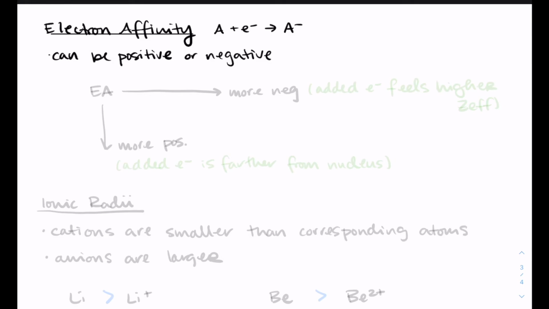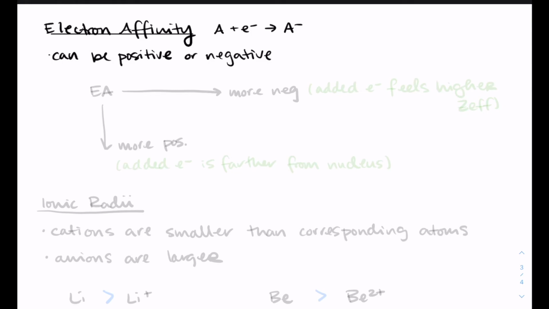So the way that I have this written for electron affinity, from left to right, it gets more negative. It could start out positive, right? I don't have the values here, but as you go from left to right, the atoms become happier to get that electron.